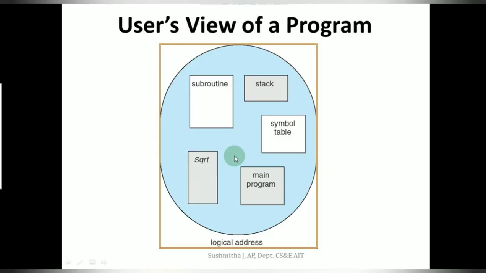This uneven allocation was not permitted with paging as well. So segmentation gives the user view, which paging could not do. Though it is non-contiguous, it did not give the liberty of going unevenly.